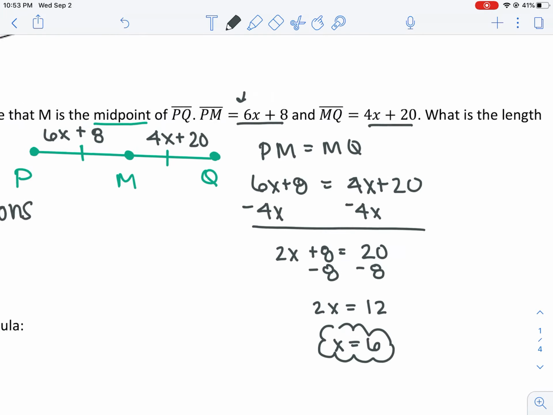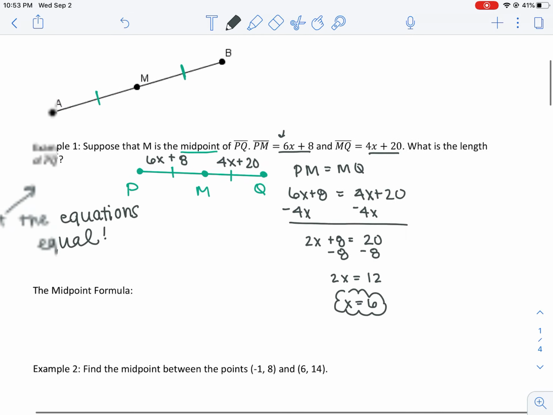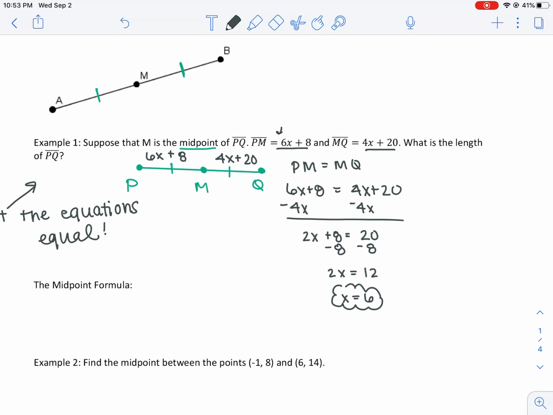And now I just got to make sure, was that what it was asking me to do? Was it asking me to find x? No. It's saying, what is the length of PQ? So now that I have my x, I got to plug it back into one of these to find out how long PQ is.